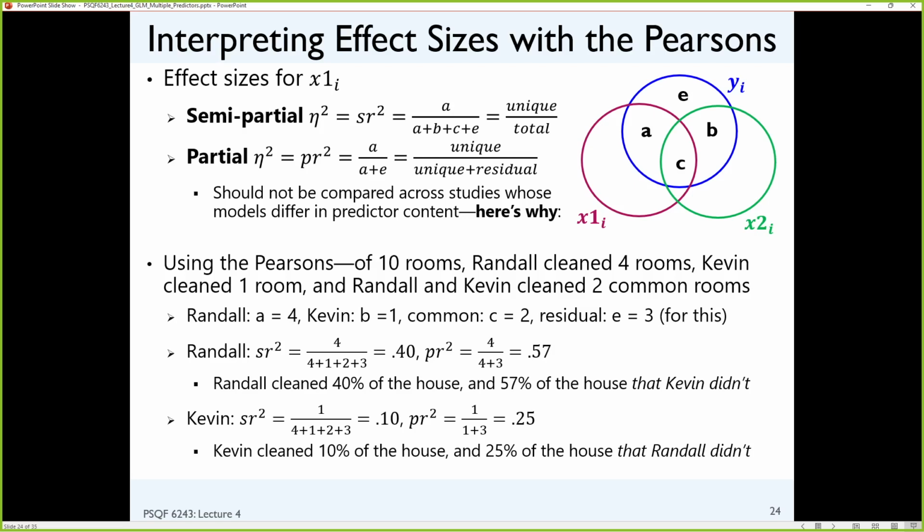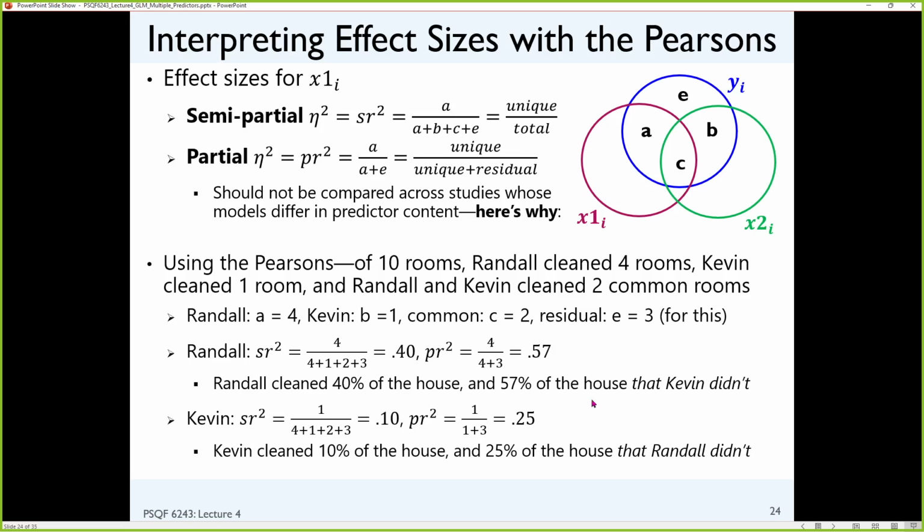So question, is the total of partial eta squared for all the predictors more than 100%? Yes. Yes, because they're not out of the total, they're out of the total that's left. So out of the original total, I think is a more fair way to talk about it.